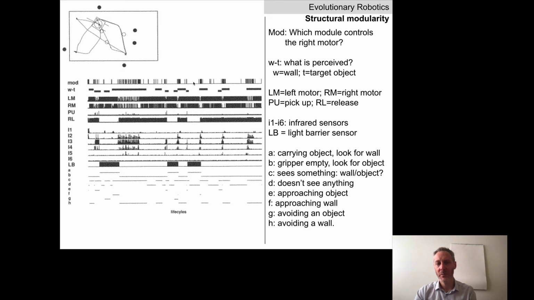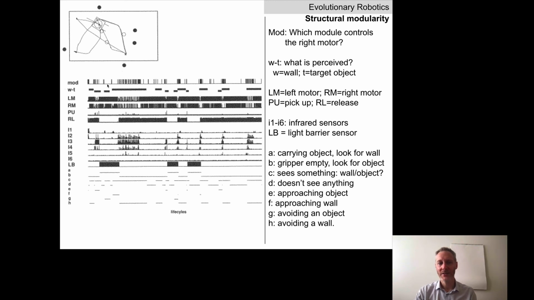Do those periods of black and white correspond with particular situations for the robot? Not that I can see.